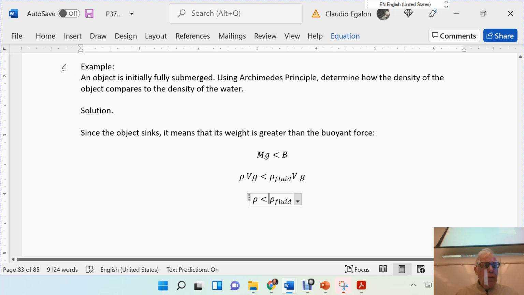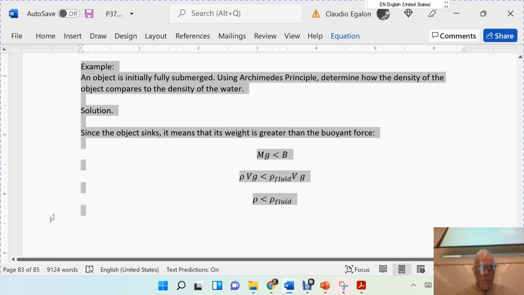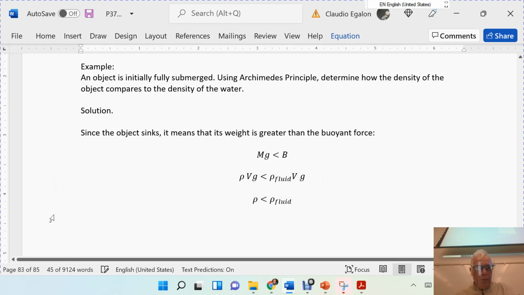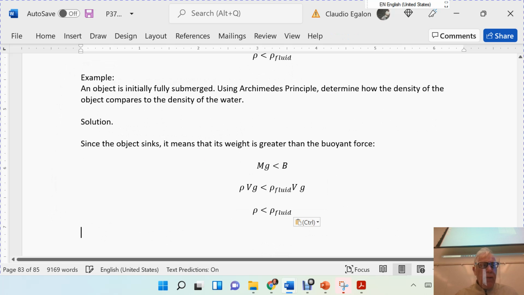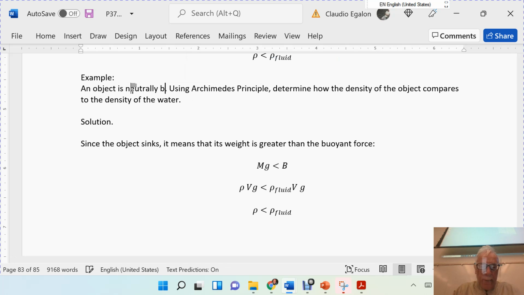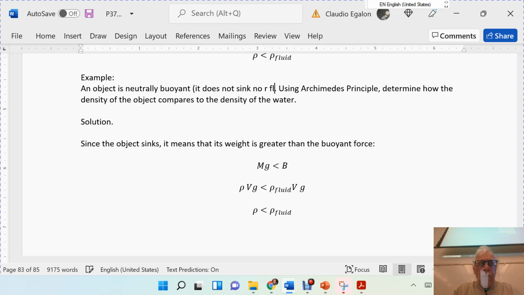And then we have this other situation. You have to know what neutrally buoyant is. Neutrally buoyant, what does it mean? It does not sink nor float. It just stays at the same depth.